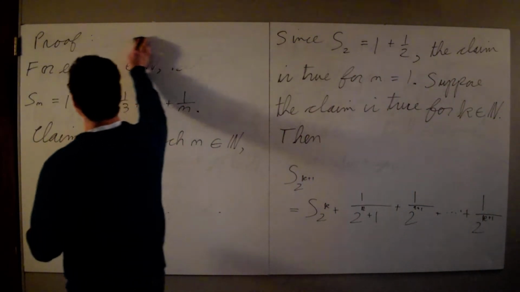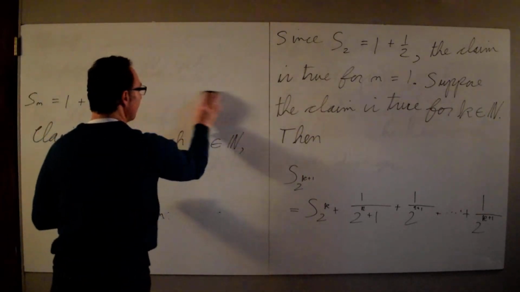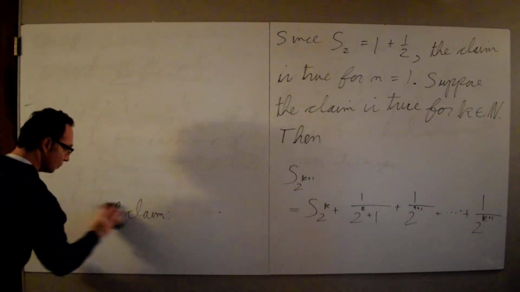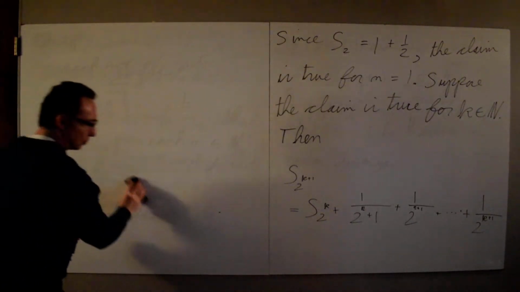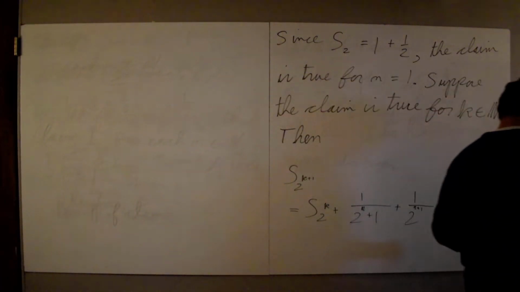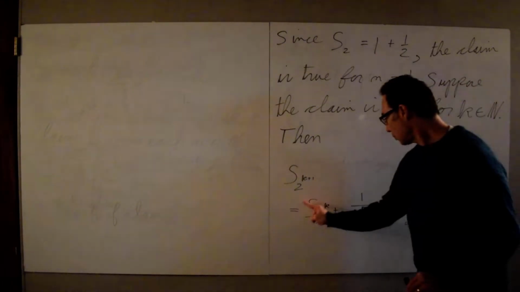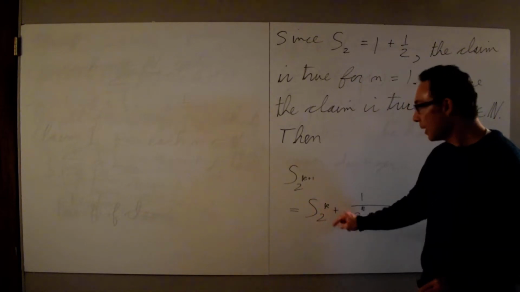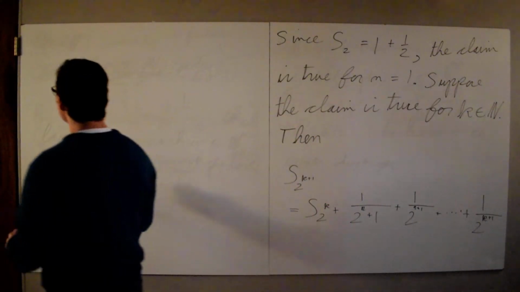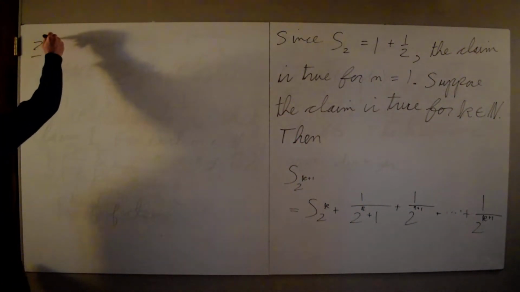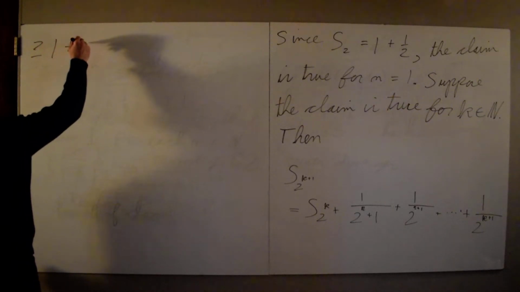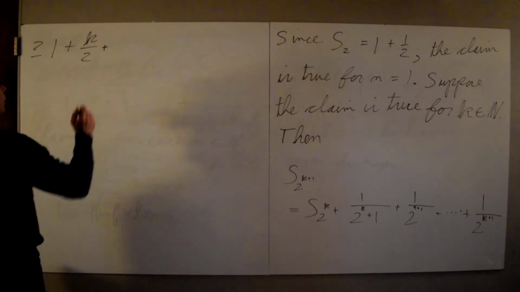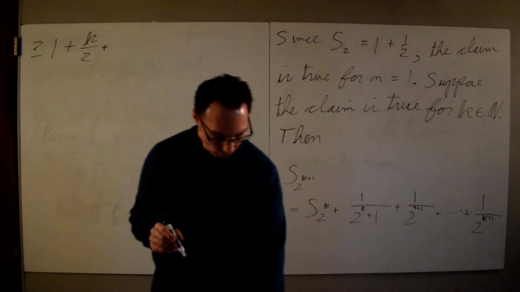Now, by the inductive hypothesis, this term is greater than or equal to 1 plus k over 2. So that is greater than or equal to 1 plus k over 2 plus the rest of these terms.